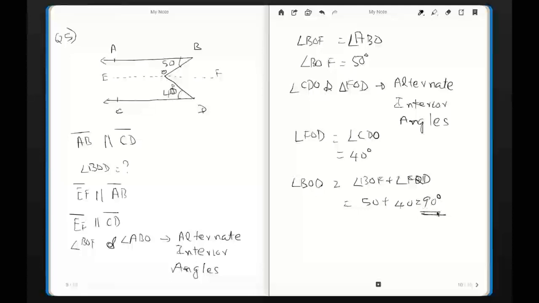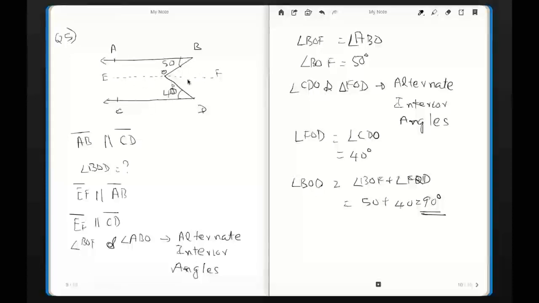The only thing I had to do was add an extra construction, a parallel line, so that I can use alternate interior angles. That's the thought that has to go in. Whenever you get a problem, you need to think: is there something else I can do to use the principles I have learned? Here I drew one line parallel to these two lines, and that helped me use alternate angles.